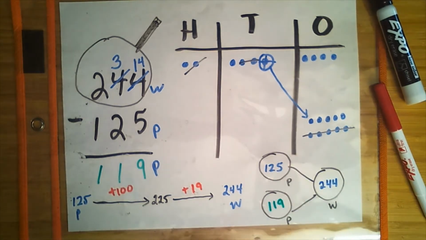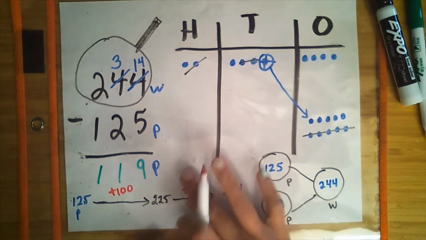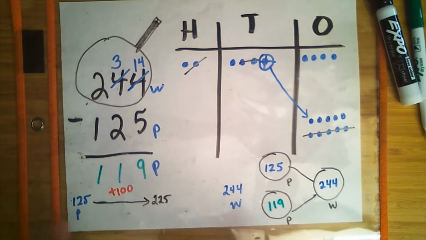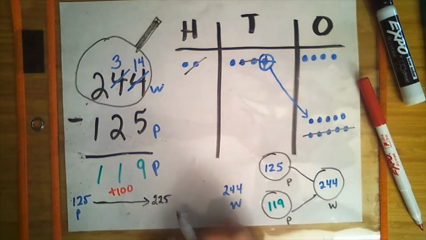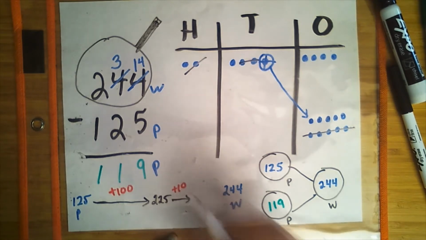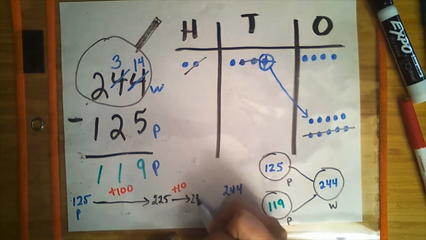100 jumps and then 19 jumps gives me the missing part of 119. Let's try a different jump and see if it still matches. I'm going to keep my 100 jump from 125, so I'm staying at 225. I'm going to do 10 more jumps. That's going to bring me to 235.